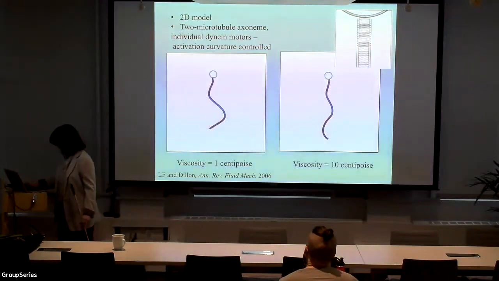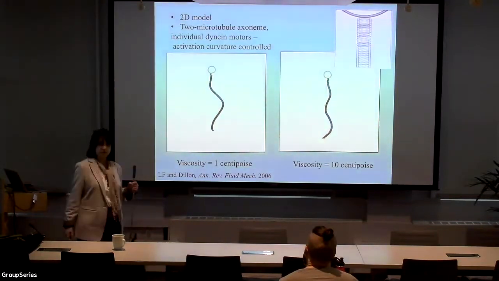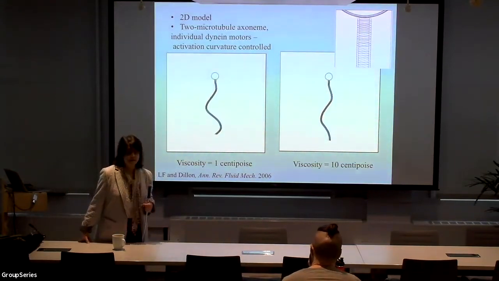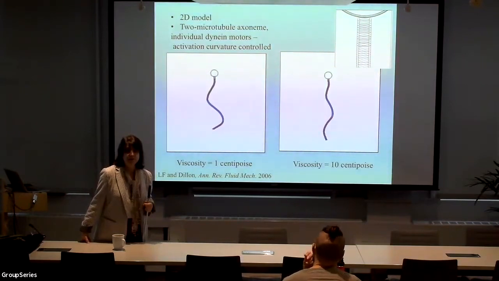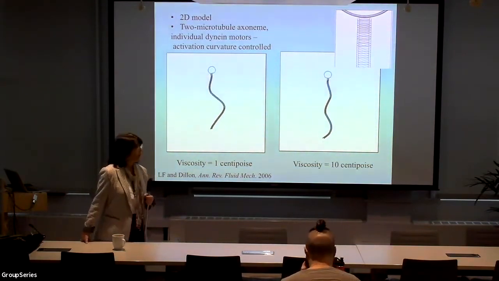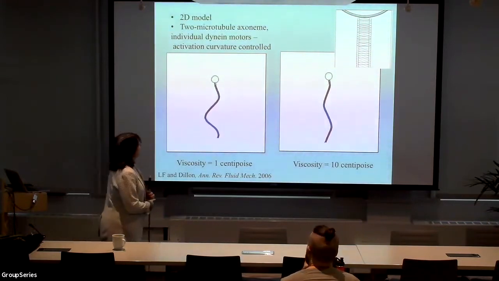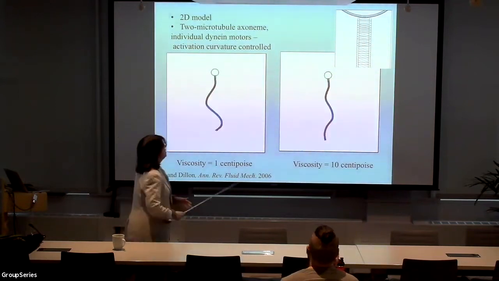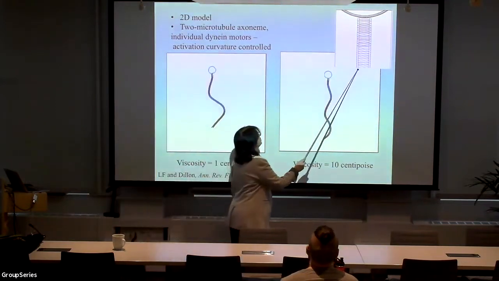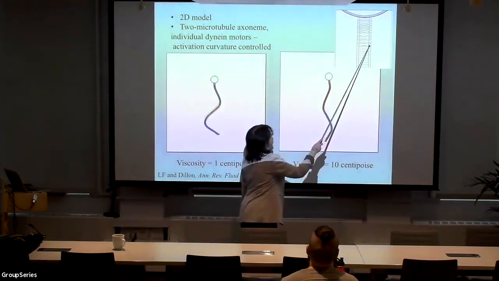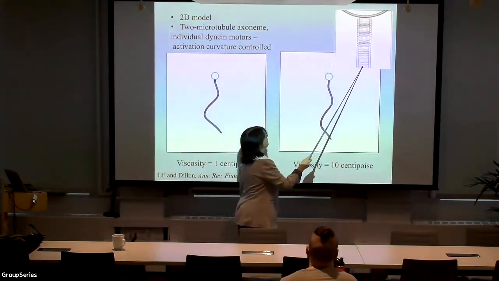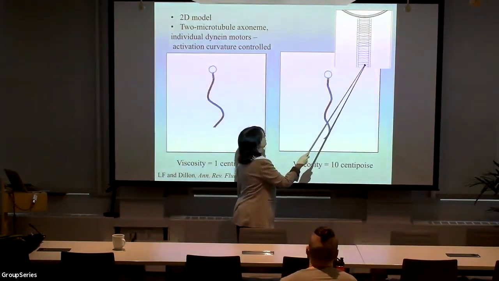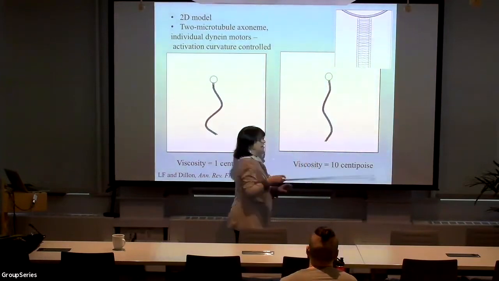Sorry, so just to understand, the changes are a result of what? Of just change in viscosity for a fixed... One parameter in a. But what do you keep fixed? Okay, so everything is a bunch of forces. Here, we had this structure that's made up of two microtubules, and between them there are forces due to the activation of these dynein links.